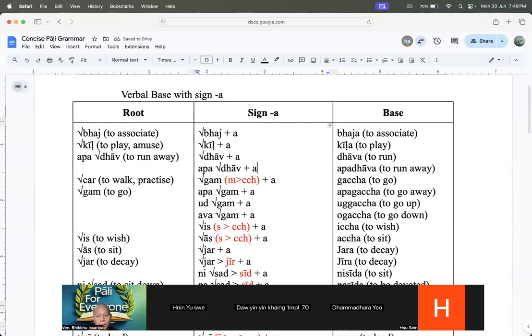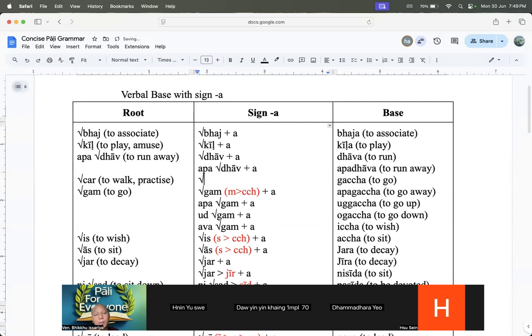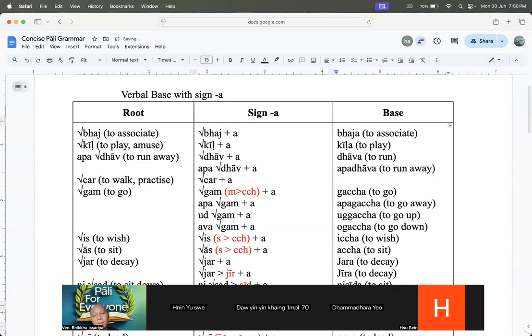So for that, just is added. Just jara to practice or to walk. Okay.